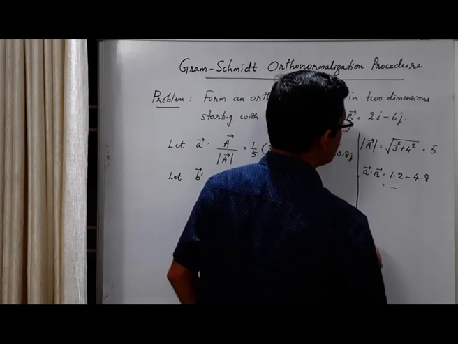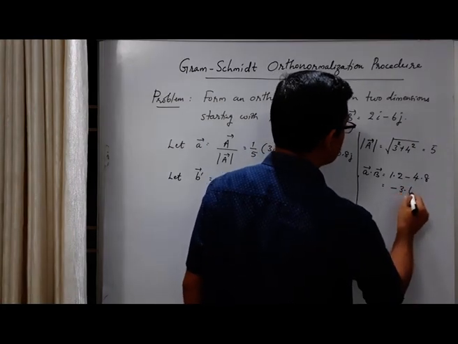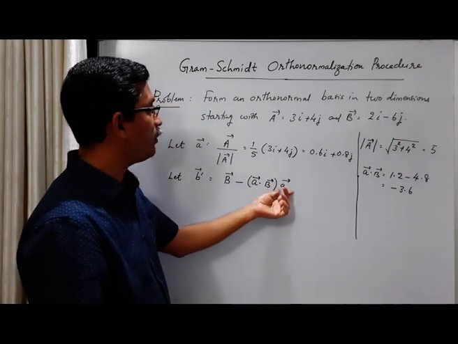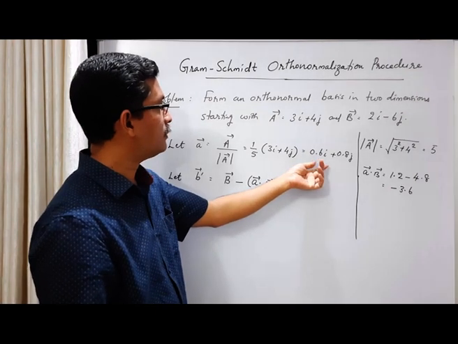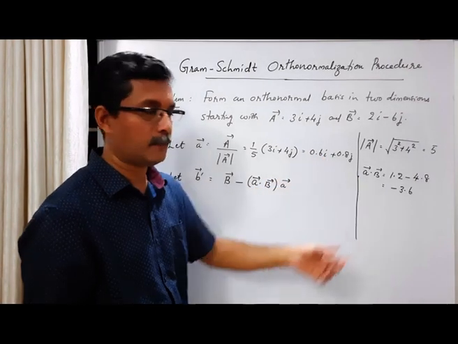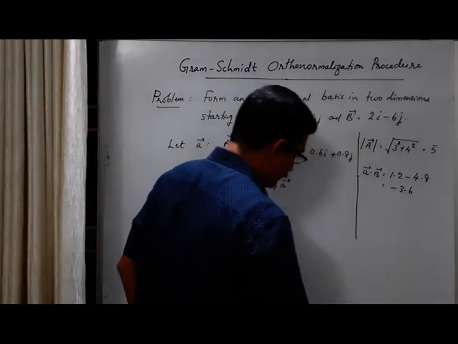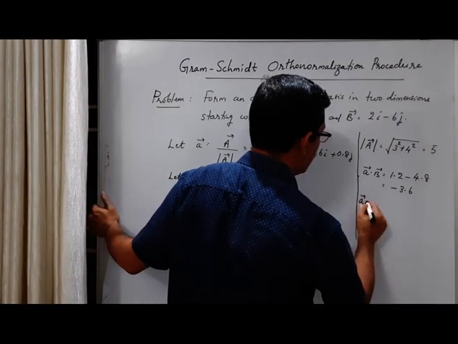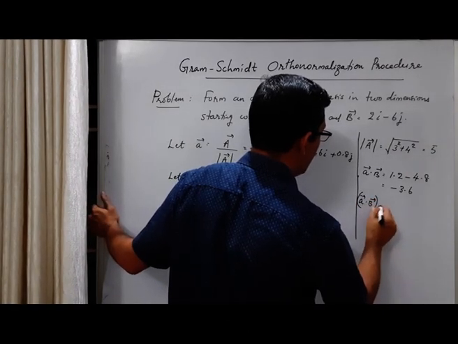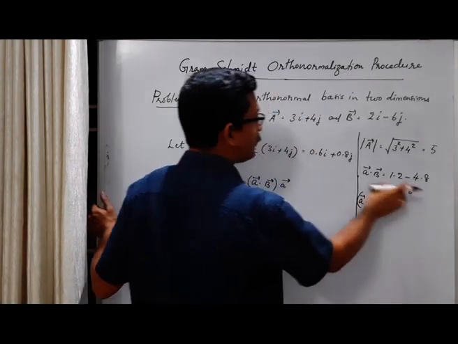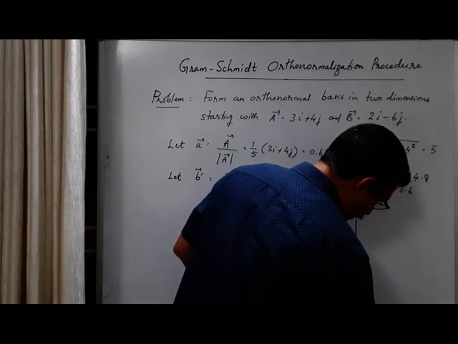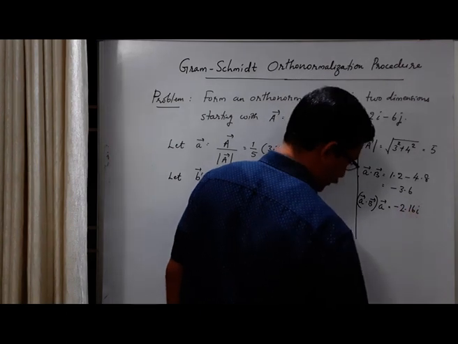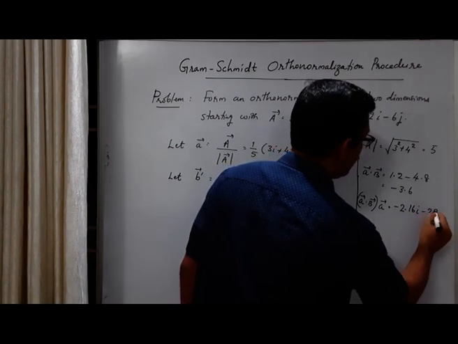So this is minus 3.6, and you have to multiply this with a. So the result of a dot b times a is minus 3.6 times this, and its value is minus 2.16i minus 2.88j.